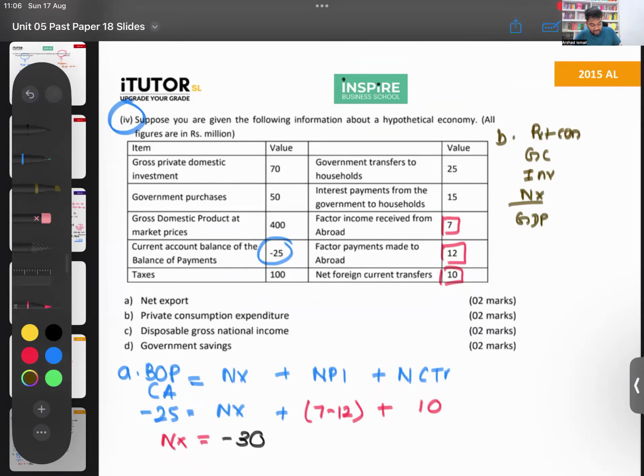So your GDP is equal to how much? They have told us it's 400. Net exports you got as minus 30. Gross private investment is 70. Government purchases are 50. So how much do you get as private consumption? You write it as an equation this way, and you can work out how much you get. 310.